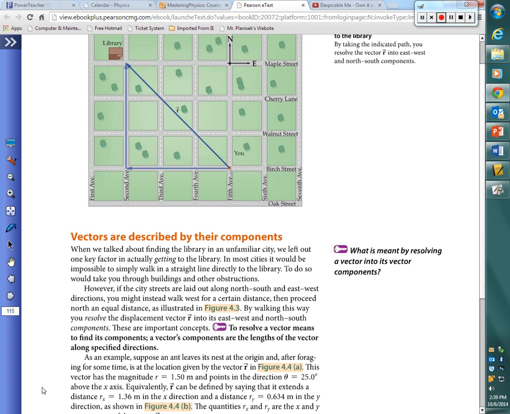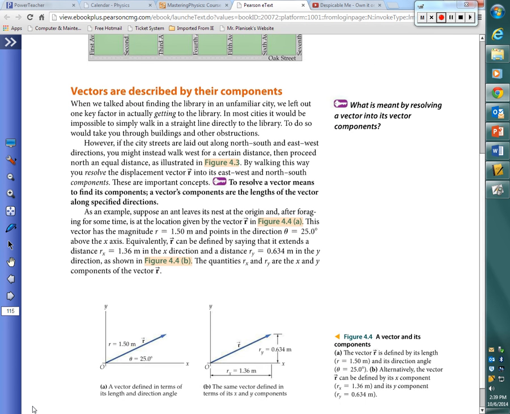Those 2 separate trips we refer to as the components of the total displacement. This would be the westerly component, and this would be the northerly component. Every vector we can break down in that way, and we refer to that as resolving the vector into its components.